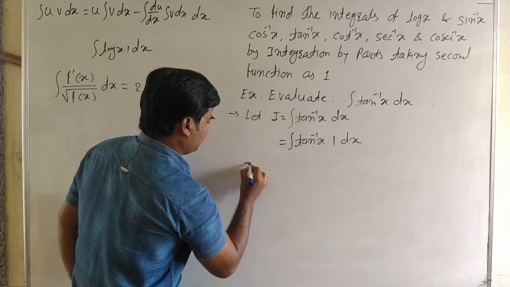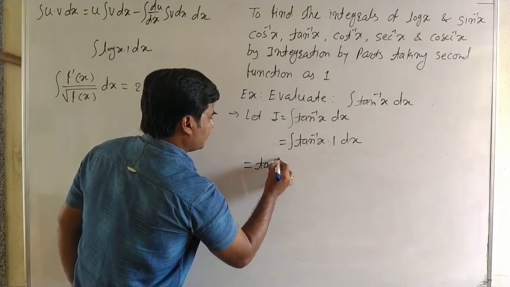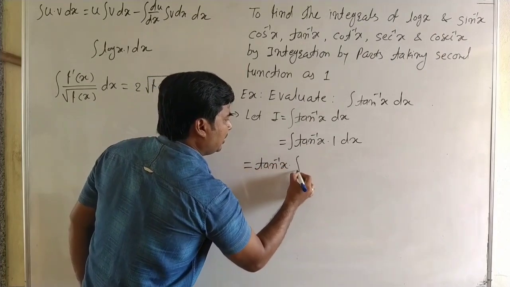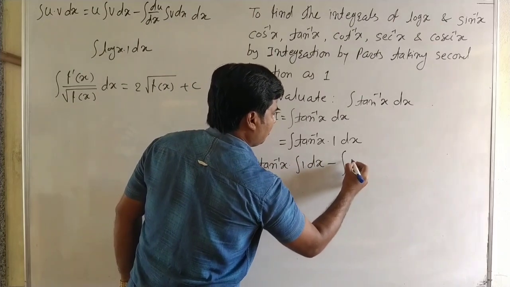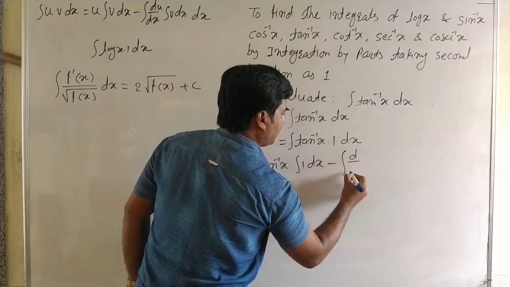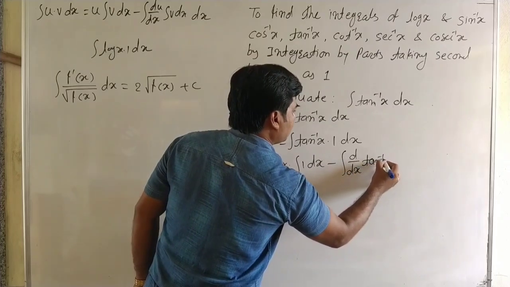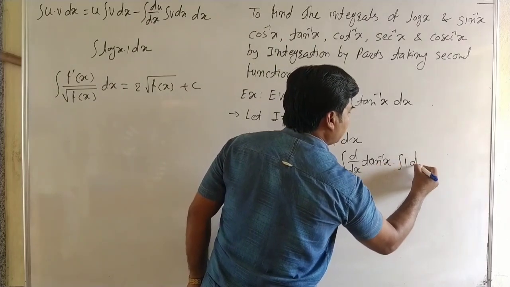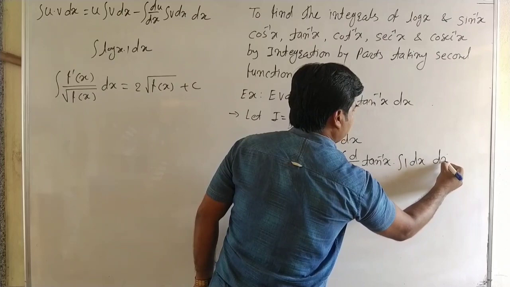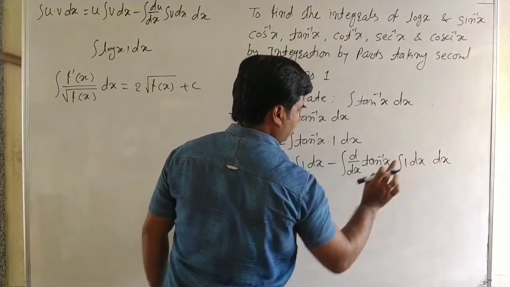We can write u into v: tan inverse x into integral of 1 dx minus integral of derivative of tan inverse x into integral of 1 dx, with integration with respect to x.